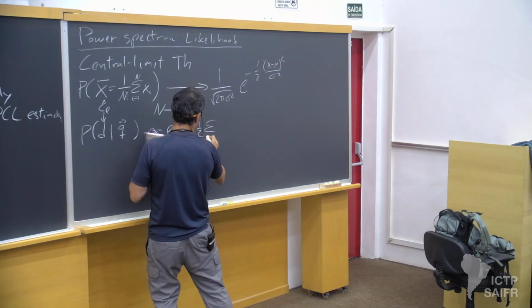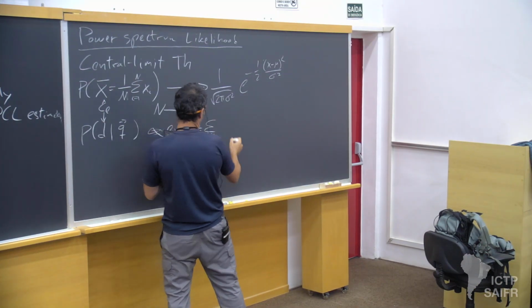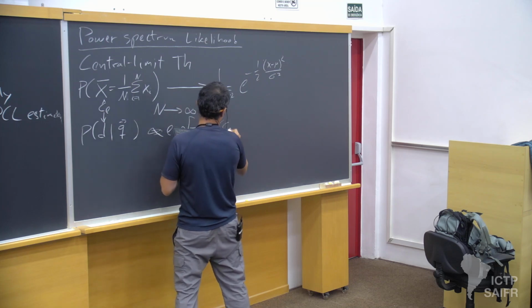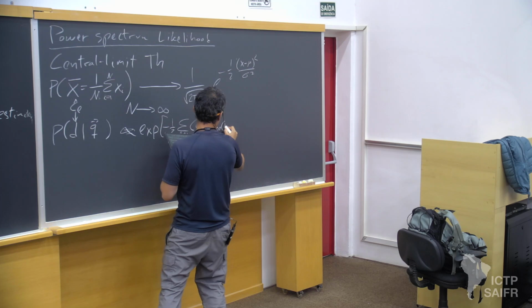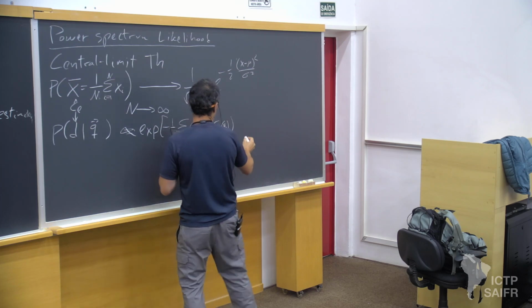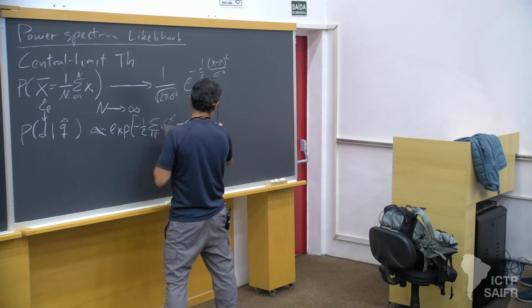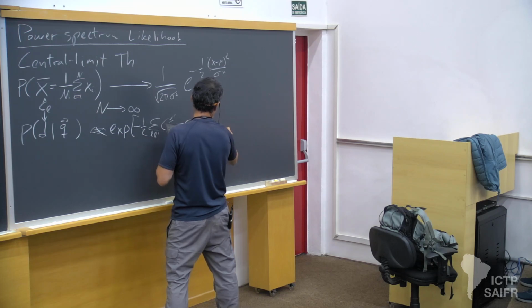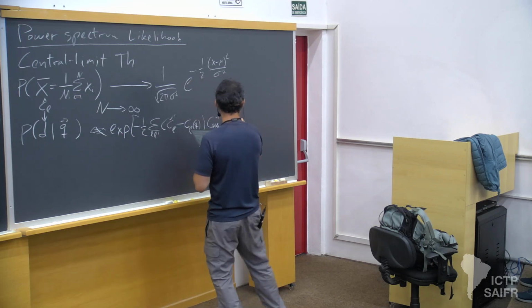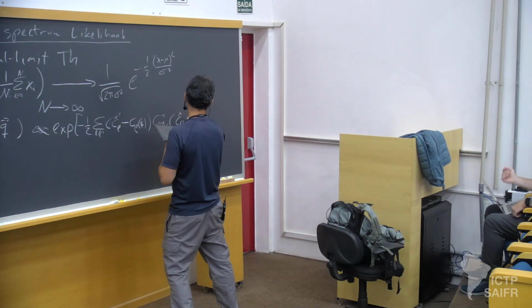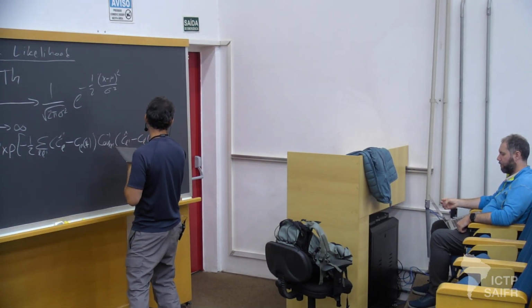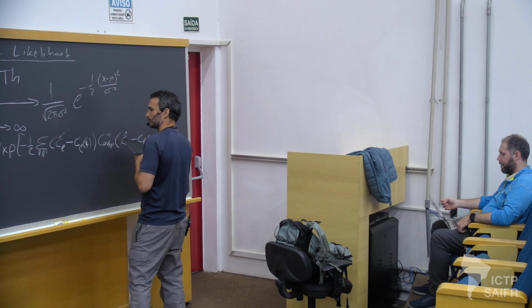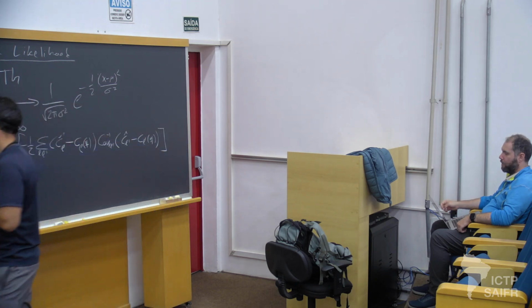Then we can sum over all our different power spectrum measurements, LL prime, our measured CL, minus the theoretical prediction for that CL at the value for the cosmological parameters, times the covariance matrix of our measurements, LL prime inverse, and then CL prime measurement minus the theory prediction CL prime at the cosmological parameters. Okay, so this is going to be our likelihood.